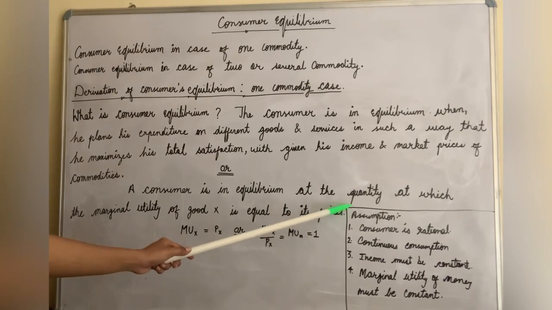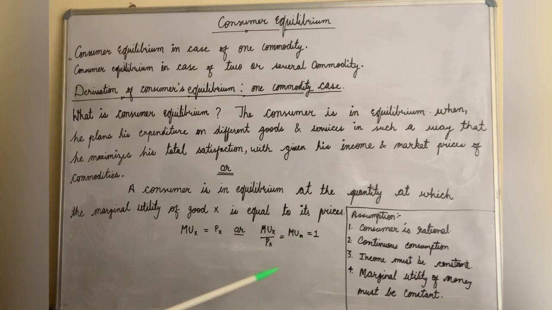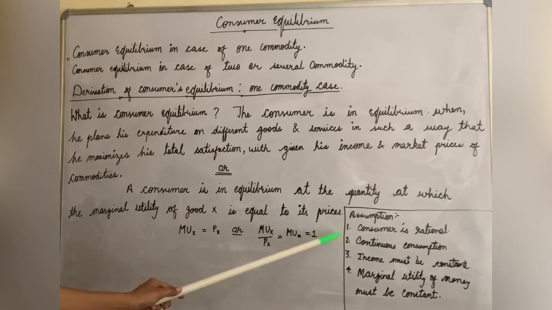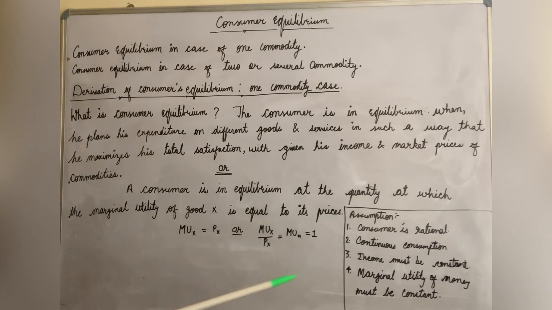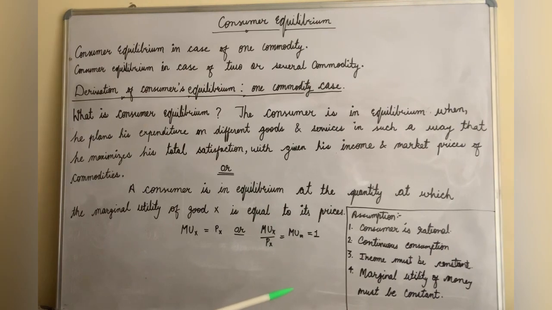Coming to the assumptions. First, the consumer is rational. Obviously the consumer is rational and wants to maximize his satisfaction. Second is continuous consumption. Continuous consumption means if I'm drinking a glass of water, then I will drink another glass of water. It should not be that I drink a glass of water today, then next day another glass, and then find marginal utility or total utility. No, it should be continuous consumption.